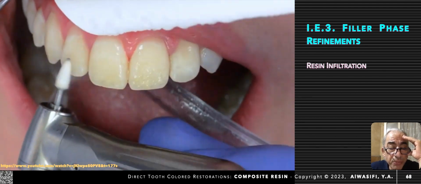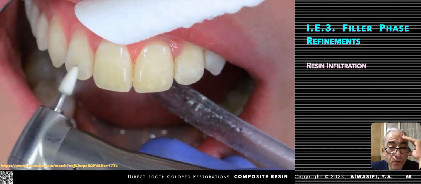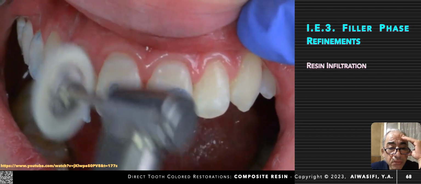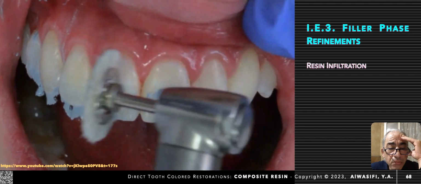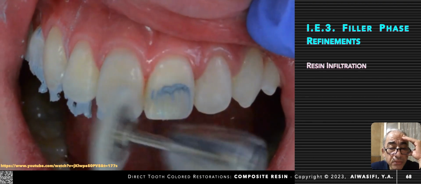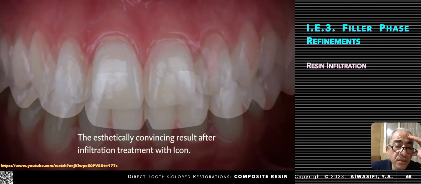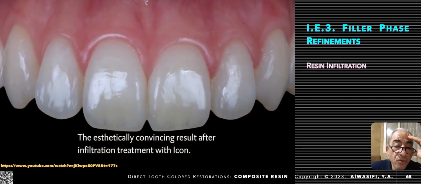Polish with a special polisher, composite polisher, white stone. Polishing. And this is the final result, with highly glazed translucent anterior teeth with no white spot lesion.